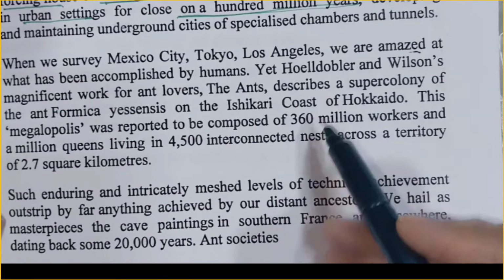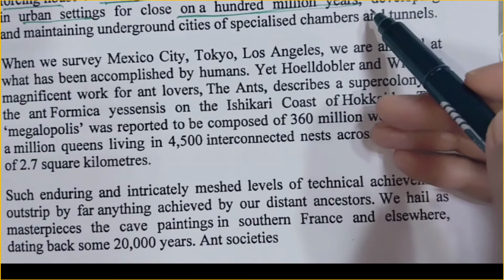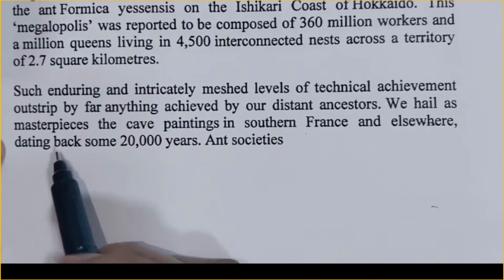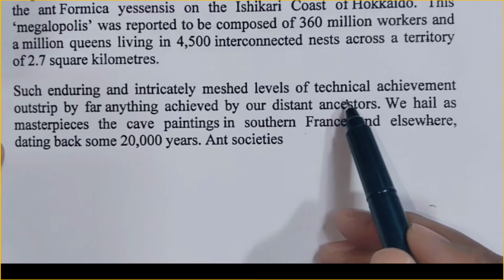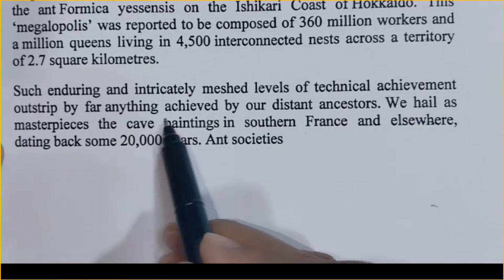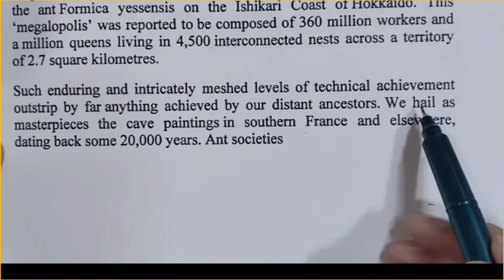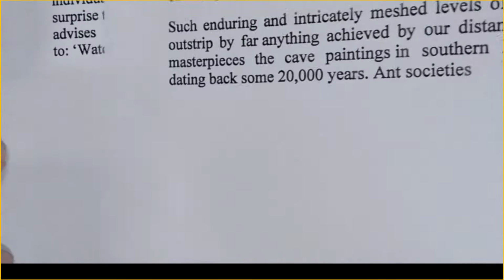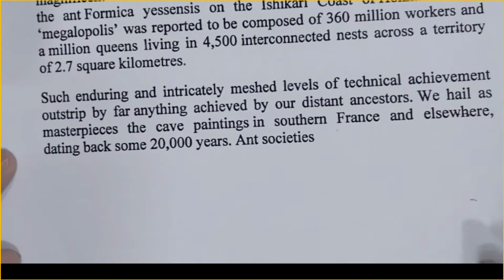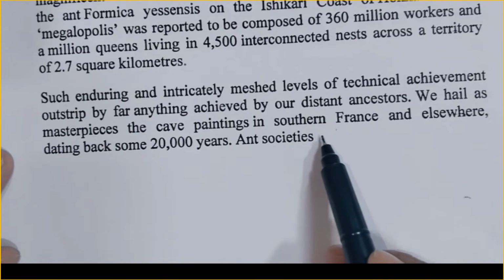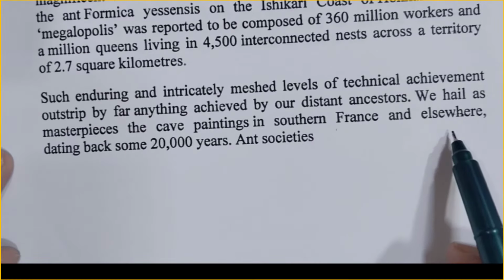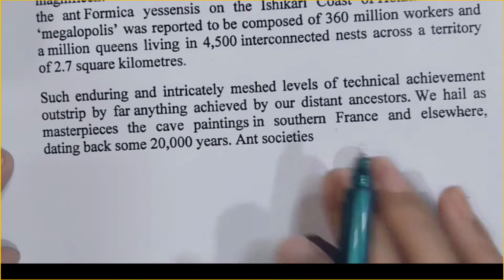Now they are talking about humans, but they are not talking about the ants. In the next paragraph, such enduring and intricately meshed levels of technical achievement outstrip. Now they are talking about technical achievements. We hail masterpieces, the cave paintings in southern France and elsewhere. Here in this passage, they are talking about the paintings.